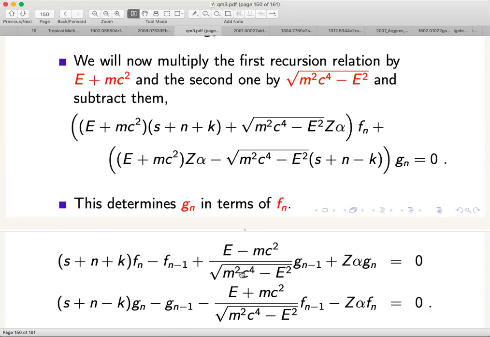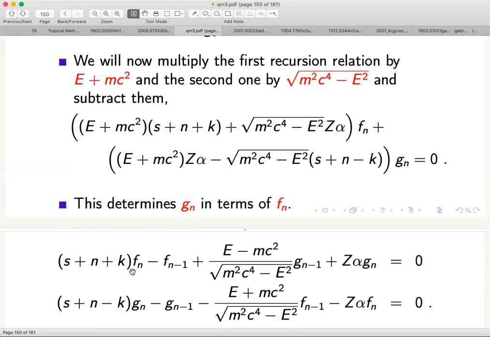It doesn't look obvious, but if you multiply by e plus mc squared, then you get e squared minus mc squared, which means this square root goes and sits upstairs. Up to a sign, you get a minus sign because this is opposite of that. So you could take a minus sign out, write m squared c to the 4 minus e squared, and then write the square root in the numerator. The second equation doesn't have anything, but you're actually multiplying by this quantity. So this comes with a minus sign and a square root multiplying gn minus 1, and it cancels.